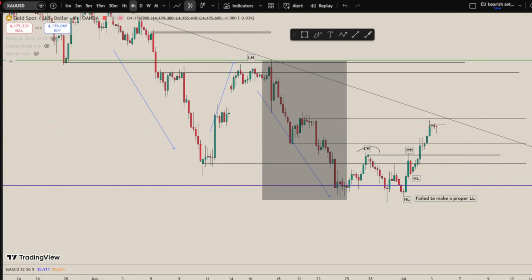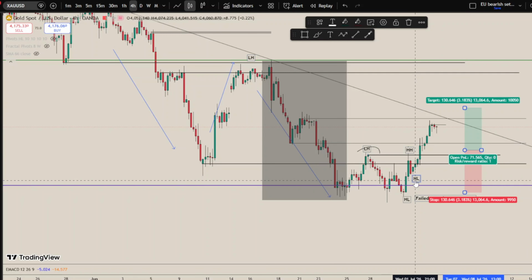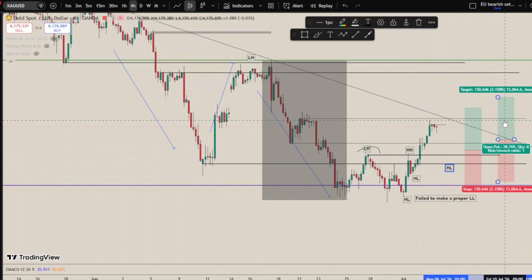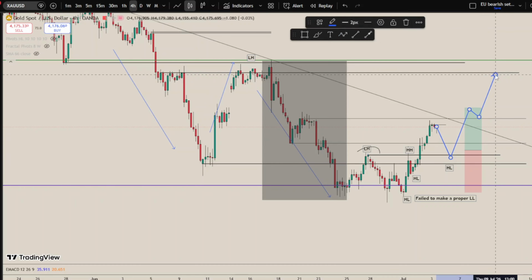So I would expect something like this. Price could come down, make a lower high here or somewhere there, right? So price could come down somewhere here, make a high low, and then break above and complete the move from here.